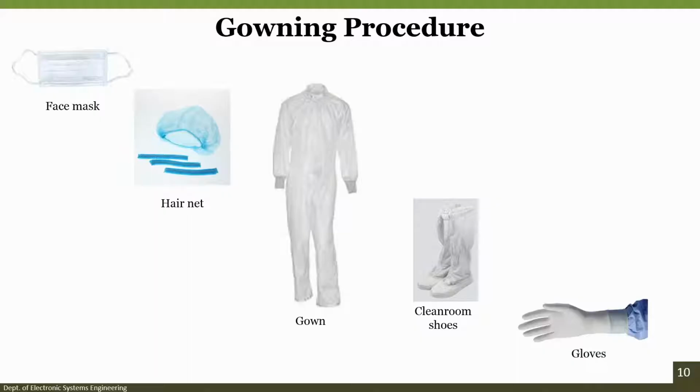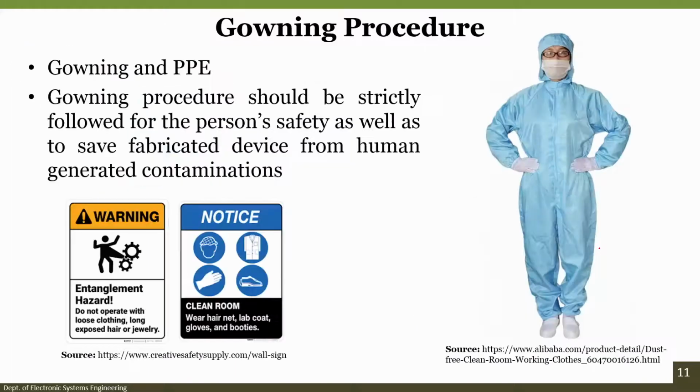So, we need to stick to the protocol, and that is why I have recorded a lecture where we show you how to enter a clean room. Now, if you see the gowning procedure, there are face mask, hairnet, gown, clean room shoes, and gloves. The gowning procedure should be strictly followed for the person's safety as well as to protect the fabricated device from human generated contaminants.